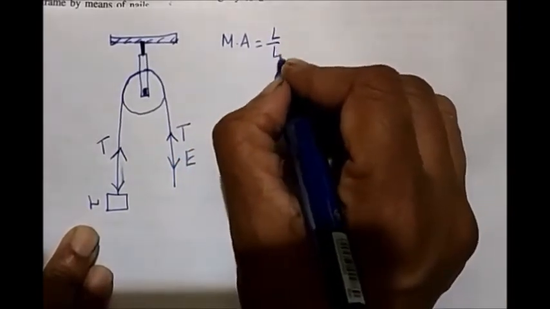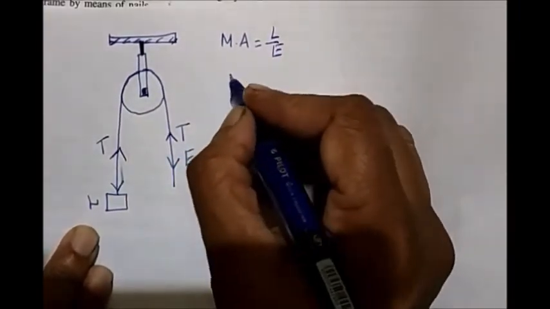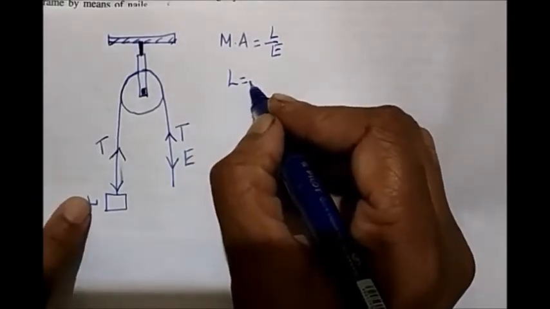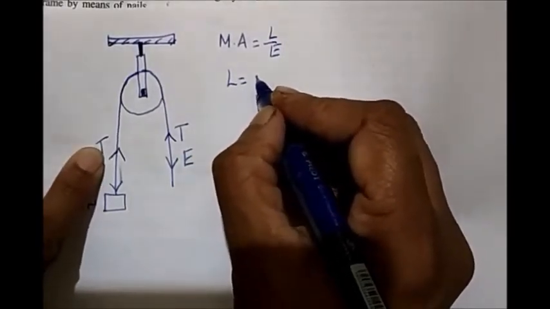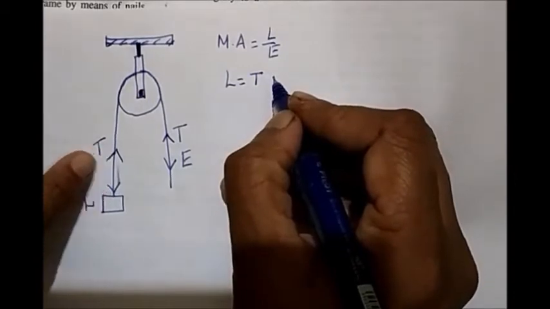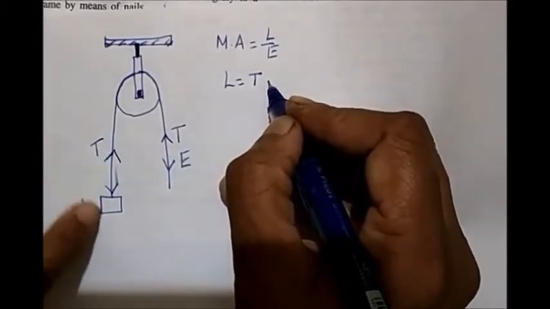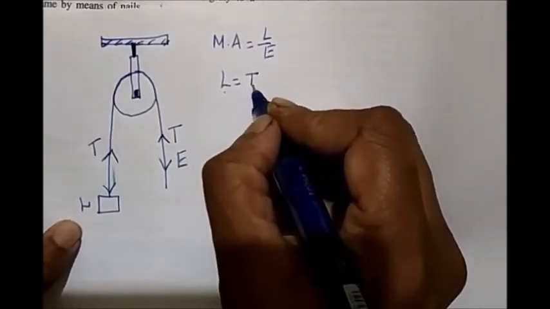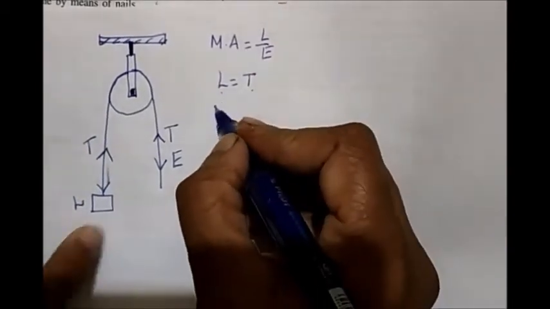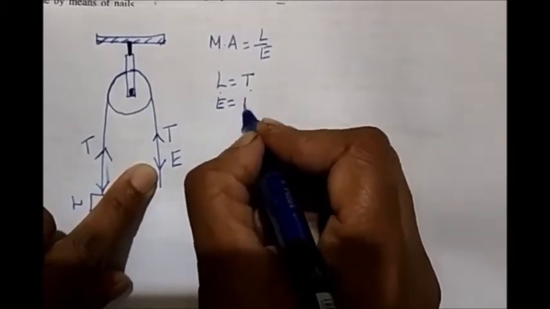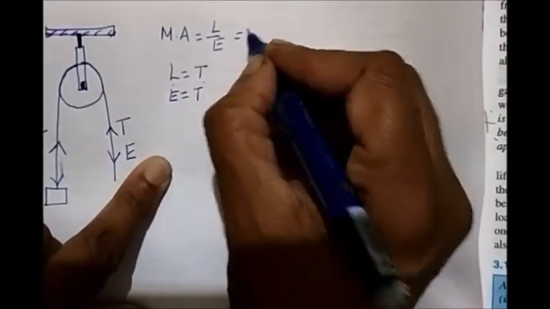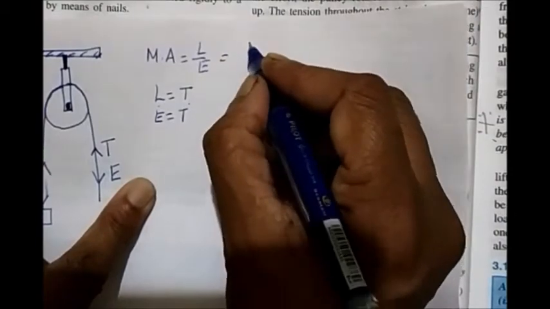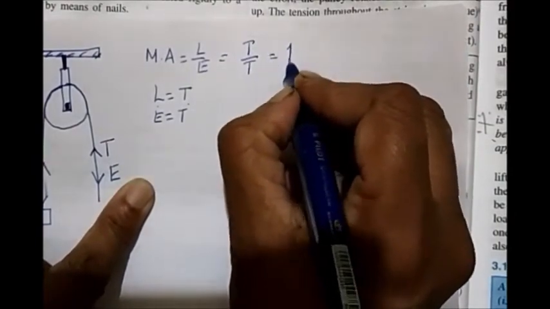MA is load upon effort. This load is balanced by this tension T of the string, which is only helping this load to go up. Same way, effort here is also balanced by tension T of the string. So my MA will become T by T, that is 1. So mechanical advantage of a single fixed pulley is 1.